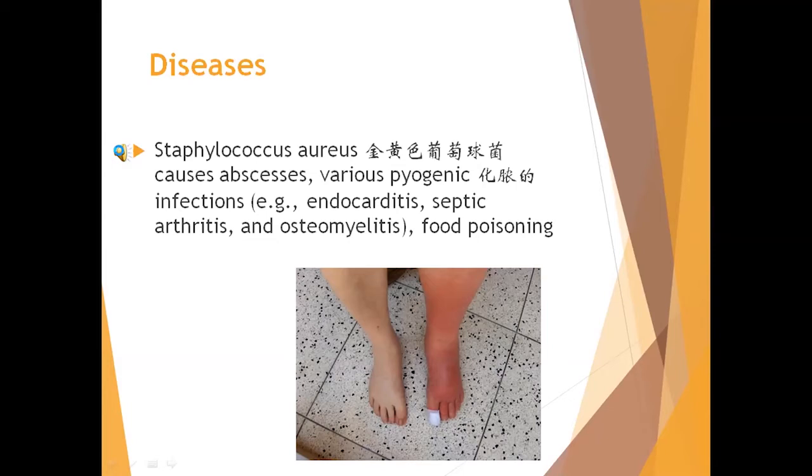That's basically caused by this kind of bacteria, Staphylococcus. These bacteria cause a lot of illness. And clinically, pretty commonly, we can see these bacterial infections.